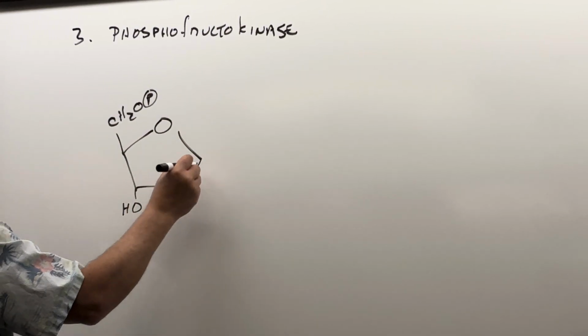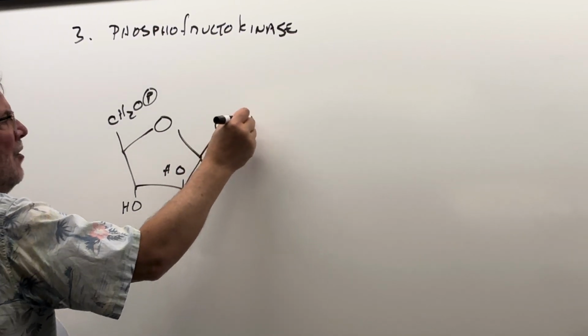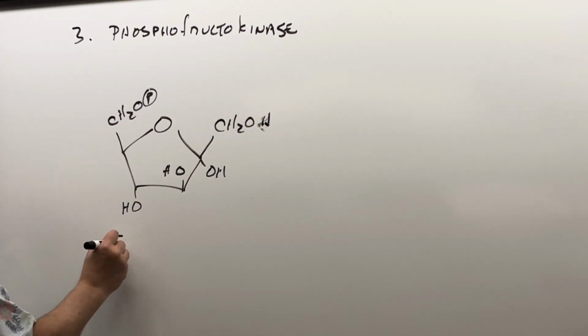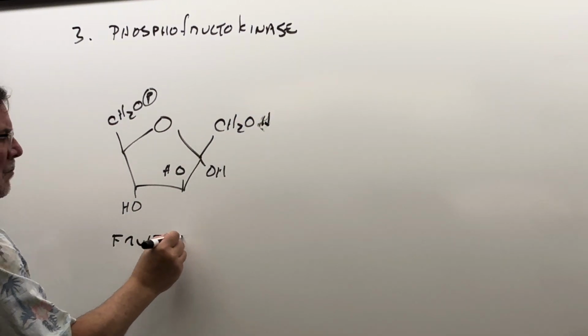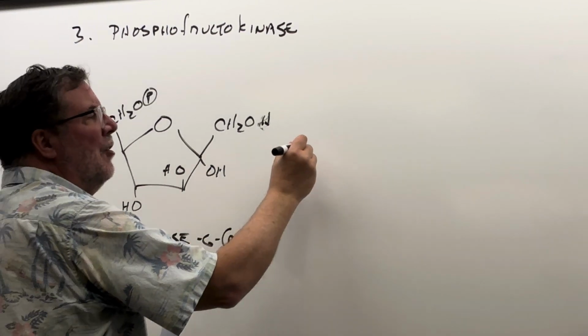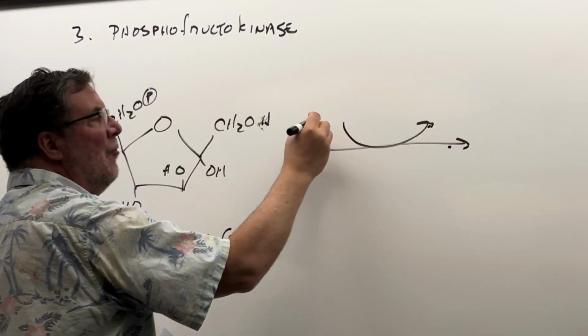So we take our fructose 6-phosphate, and we're reacting very similar to the hexokinase reaction.